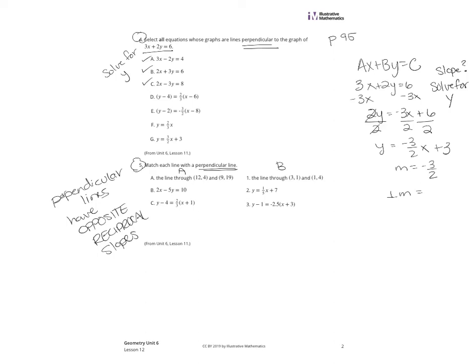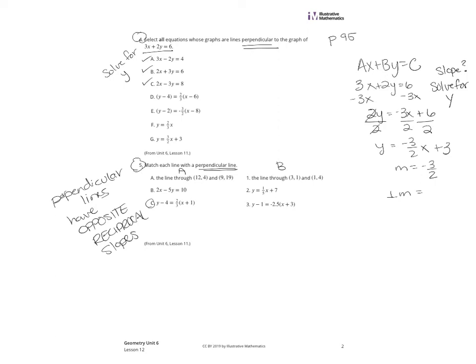So basically, you have to go through and determine all 6 slopes in this problem. Then, after you're done with that, you're going to match something from column A to something in column B that are opposite reciprocals. So something like C, I can already see the slope.